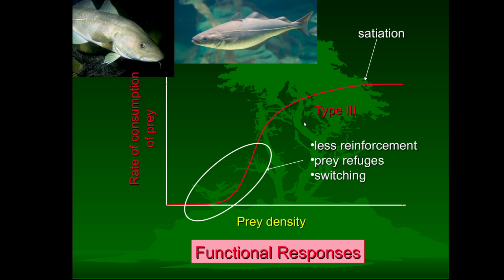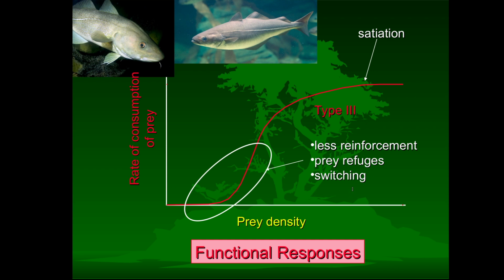So they found this by taking out their stomach contents and identifying them, and they found that prey that became less abundant completely disappeared from their stomach contents. So that's a Holling type 3 functional response.